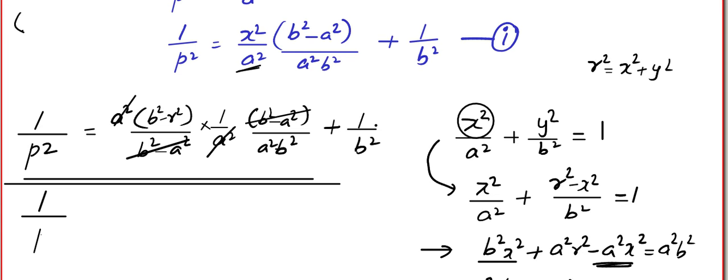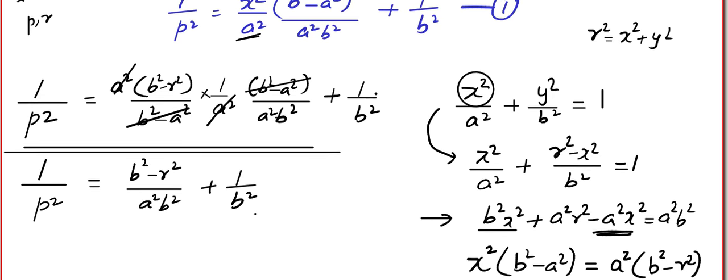One last time, let me tell you, our job is very simple. Delete x comma y and convert it into p comma r. So 1 by p square is equal to, and to be honest, there is no regular method. You should use any elimination property which you have learned in younger classes. Just now my brain was working like this, but trust me, there might be even easier methods. You can try it. So the remaining part is b square minus r square by a square b square plus 1 by b square.